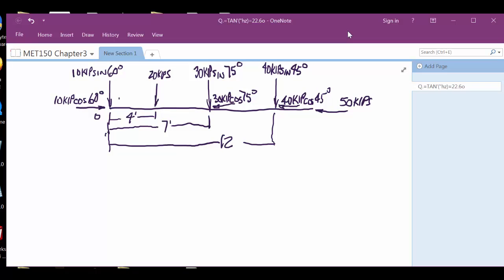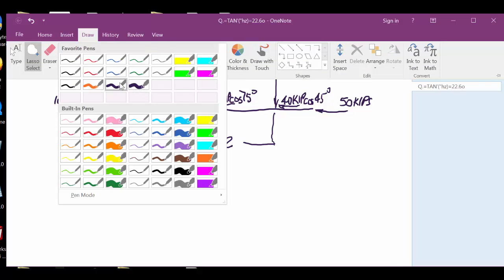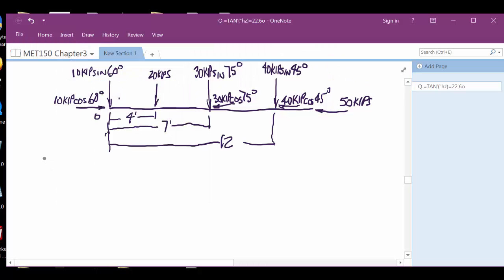Okay, so here's what we've got to do. Go get our pencil again. So we go find our resultant value in the X. We got 10 kips, and I did not bring my calculator again because I didn't think I was going to need it because I already did all the problems. But I'm going to need it for this, aren't I? That's a positive value.